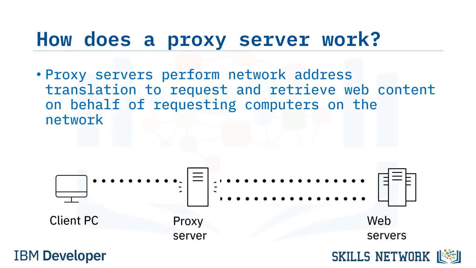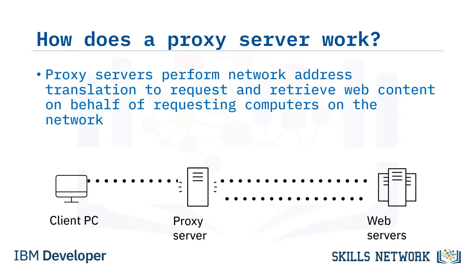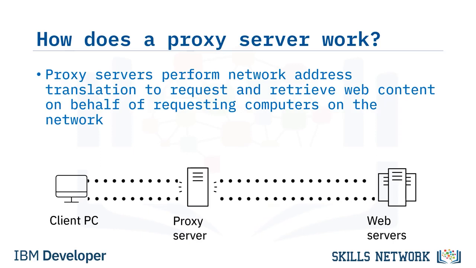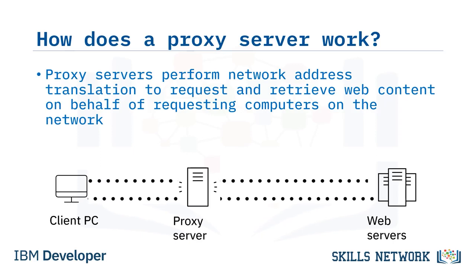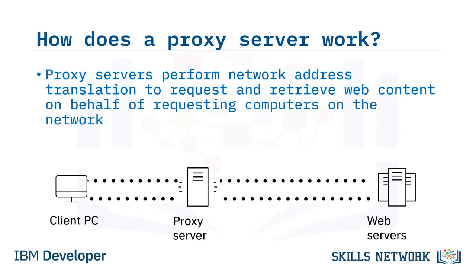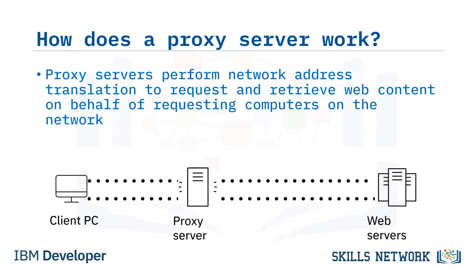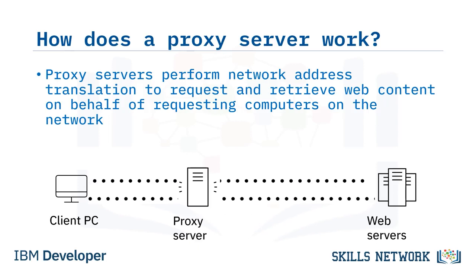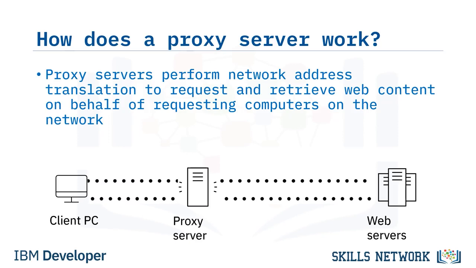The response from the web server is sent back to the proxy server, and the proxy server then forwards the information onto the original requesting client computer. While retrieving the information on behalf of the requesting client PC, the proxy server will typically change the source IP address data and may also perform other tasks such as encrypting data and blocking access to certain categories of web content.